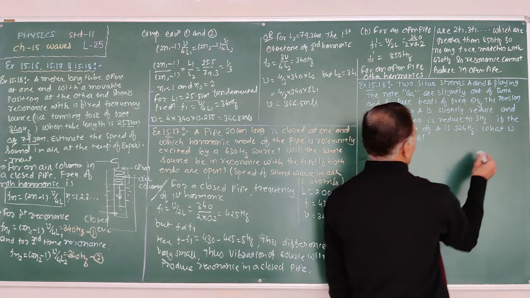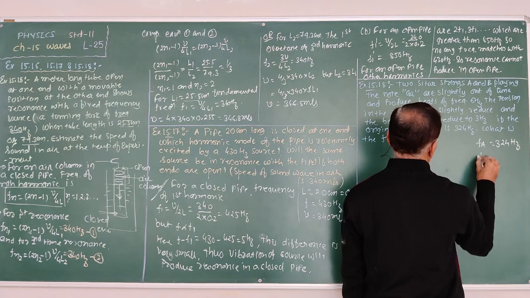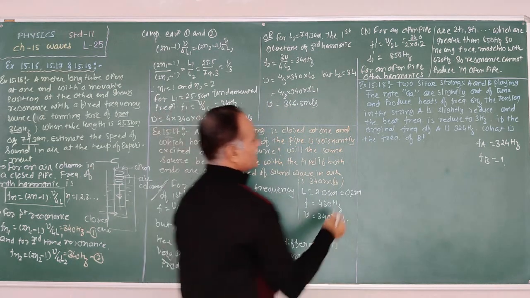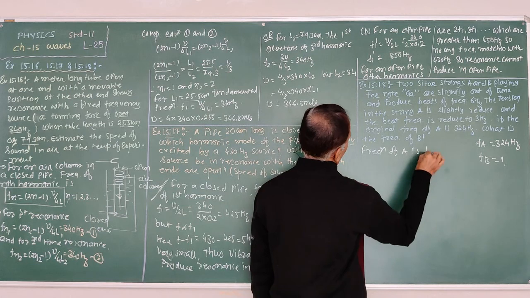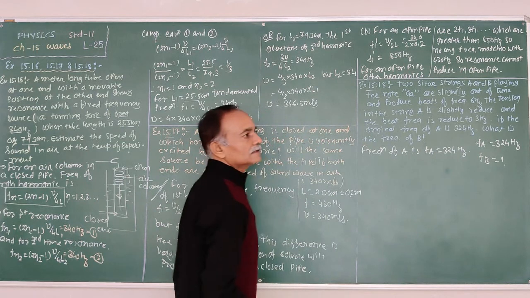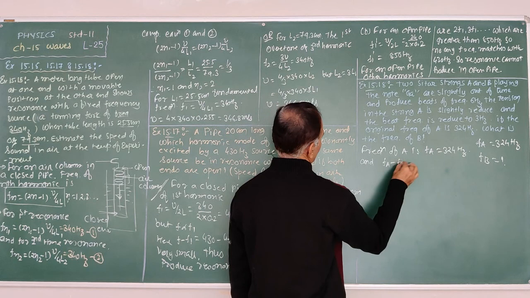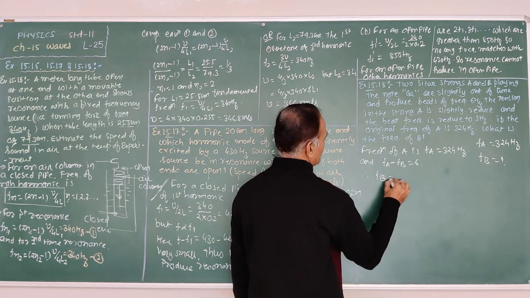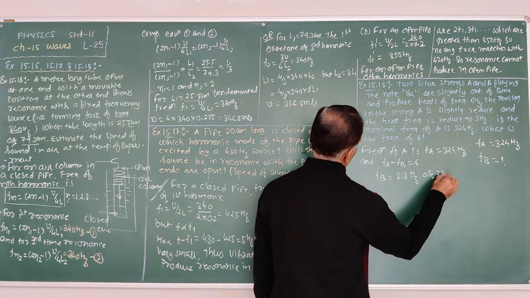So here FA is given, 324 Hz. We have to find FB. The frequency of A is FA equal to 324 Hz, and the initial beat FA minus FB is equal to 6. Therefore, FB is equal to either 318 Hz or 330 Hz.